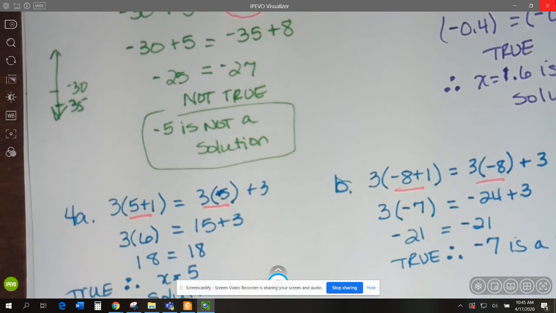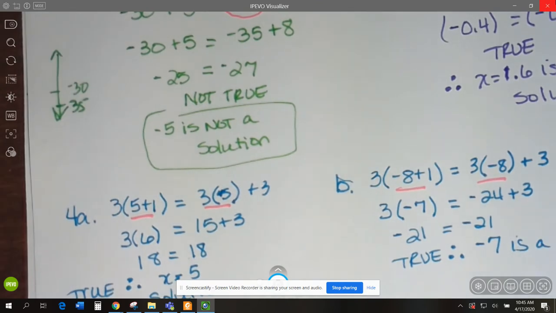Is 1/2 a solution? So let's do C. So we're going to have 3 times 1/2 plus 1 equals 3 times 1/2 plus 3.